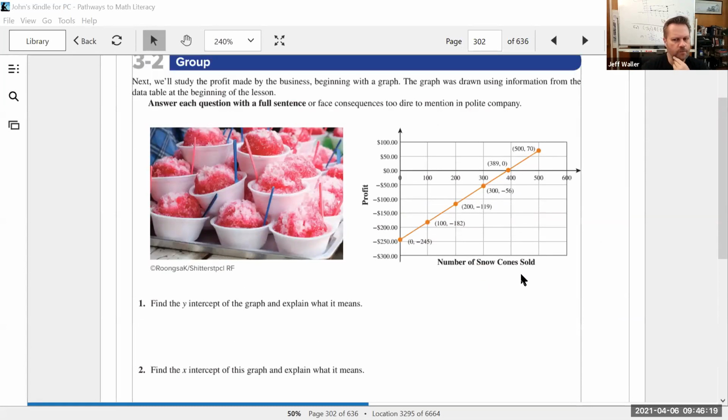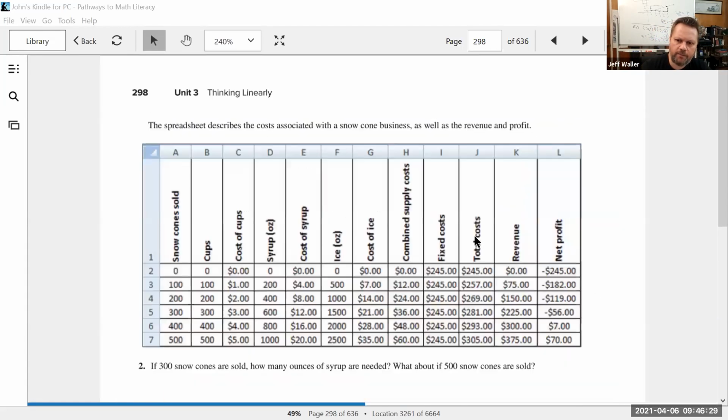All right, guys. This one now is going to focus on the intercepts at first. So they have graphed. Let me go back up here. Do you see at the end, if they sold no snow cones, why would their profit be negative? So what goes into profit? Don't worry, I don't like business. I never want to teach business.